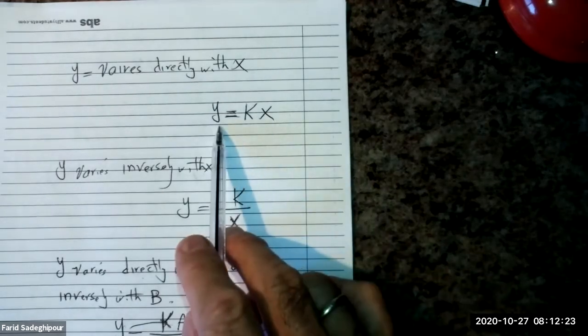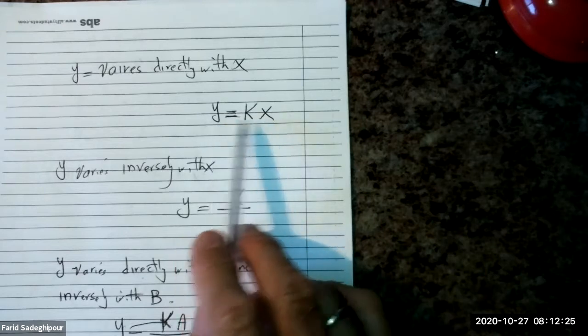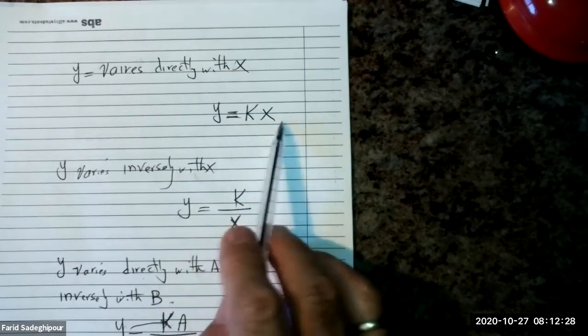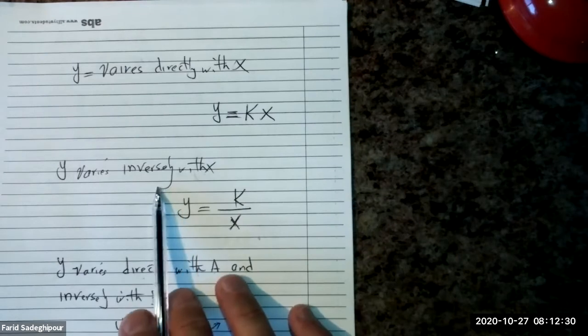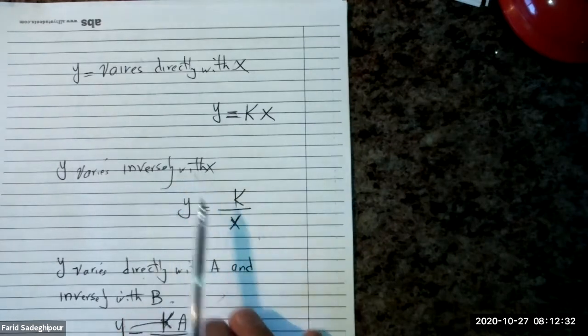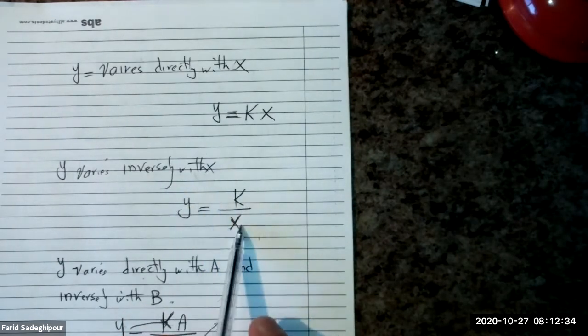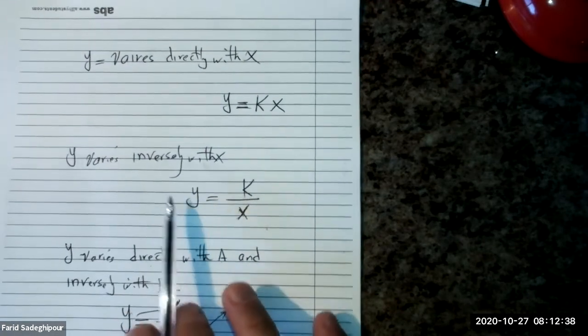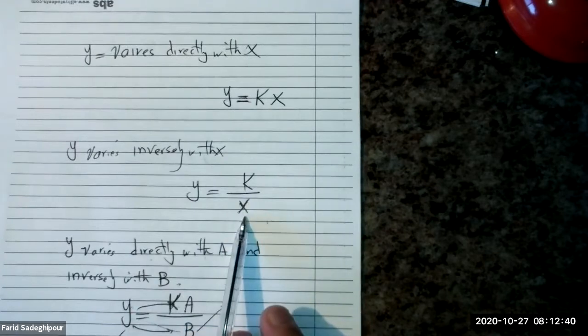When variation is direct, there is no fraction involved. When variation is inverse, one of the two variables is at the denominator and the other is at the numerator.